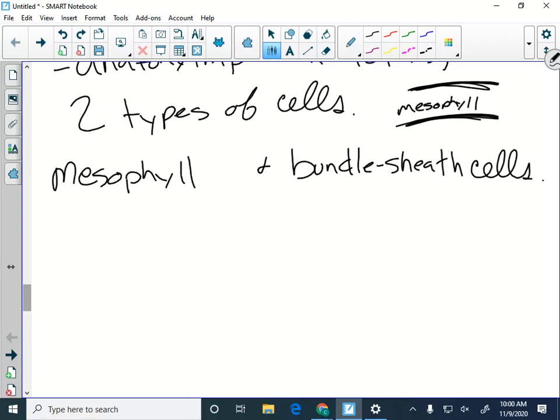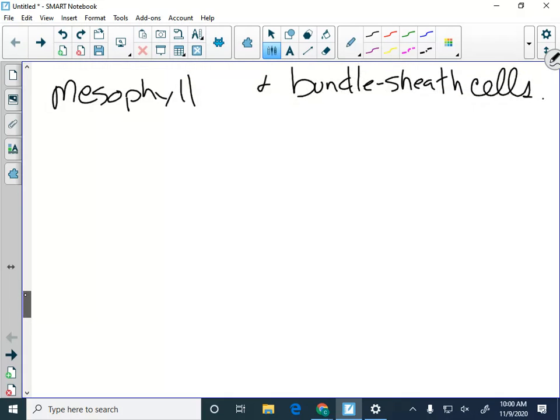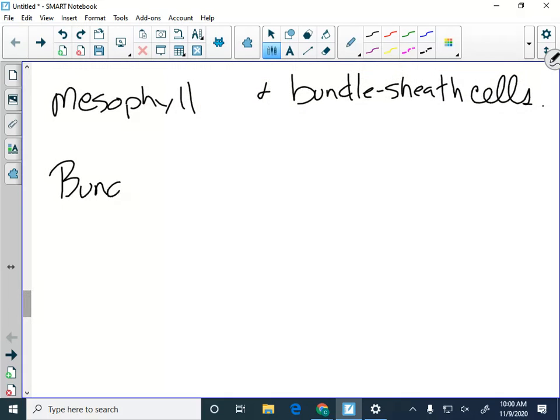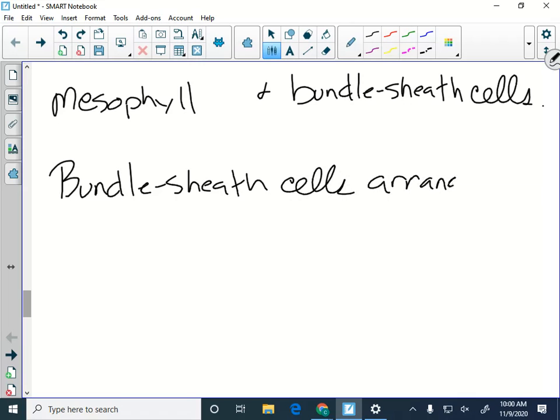So these cells have these mesophyll cells, but they also have these bundle sheath cells. Bundle sheath cells are arranged into tightly packed veins. So if you look at a leaf and it's got those really tough veins running through it, those are the bundle sheath cells.